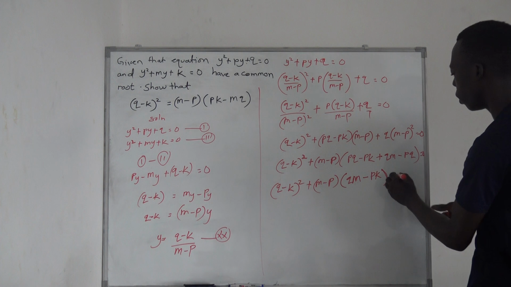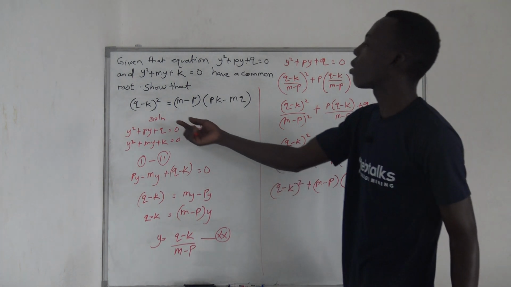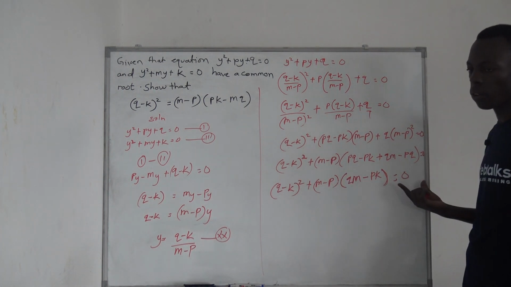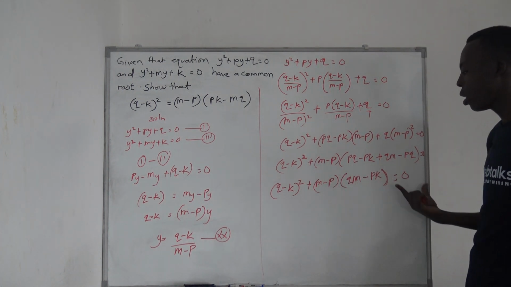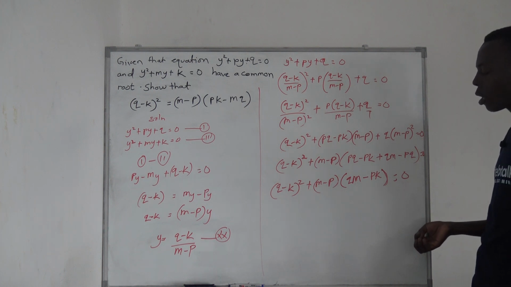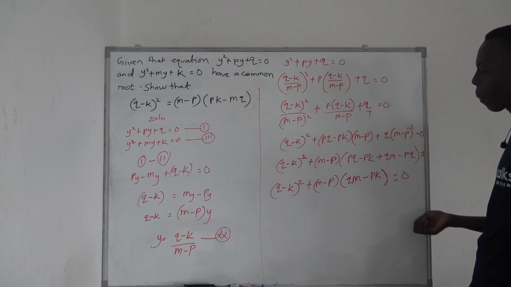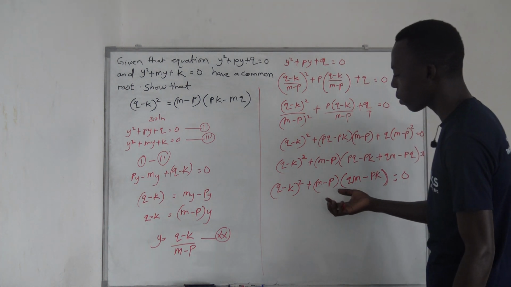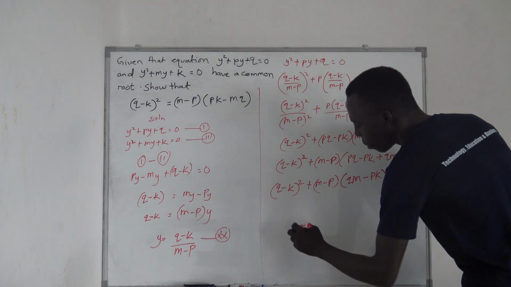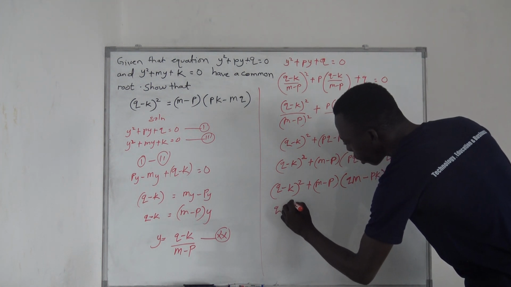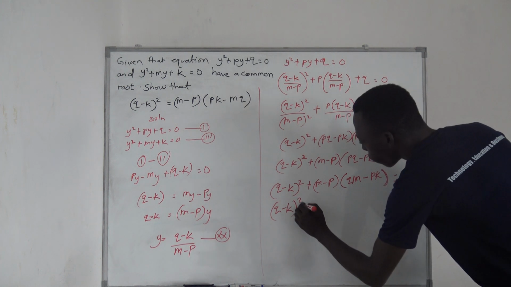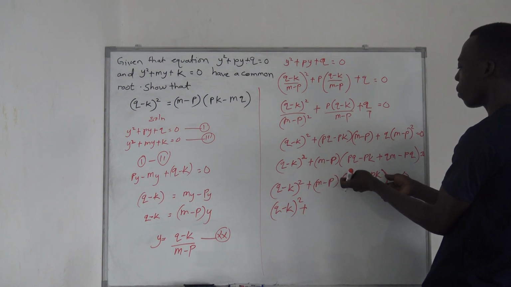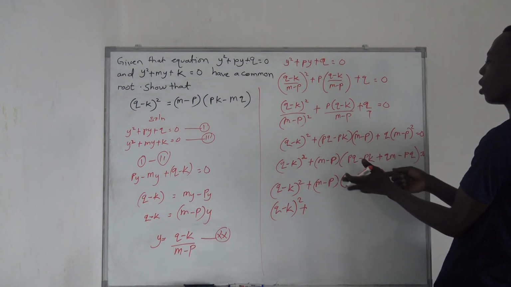Now remember, this one is equal to 0, but we have to get something like this which is equal to this. So what we do, everything which is here, we take it to the other side. We are going to first introduce a negative here. I'm going to say it is q minus k, the whole thing squared. So here it will be a plus, but I'm going to introduce a negative so that it can change the signs.